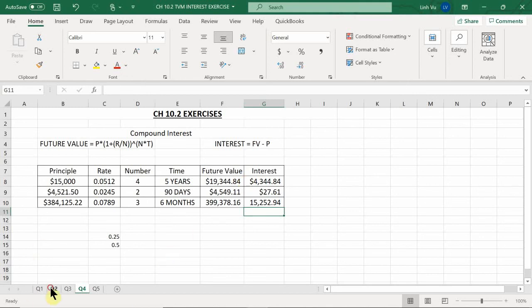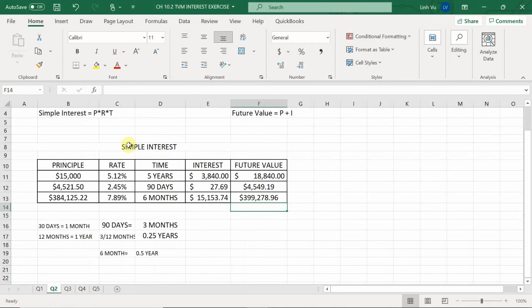Compared to this one, I only got charged $3,840. So in this case, that was a drastic change between the two interests that I've collected.